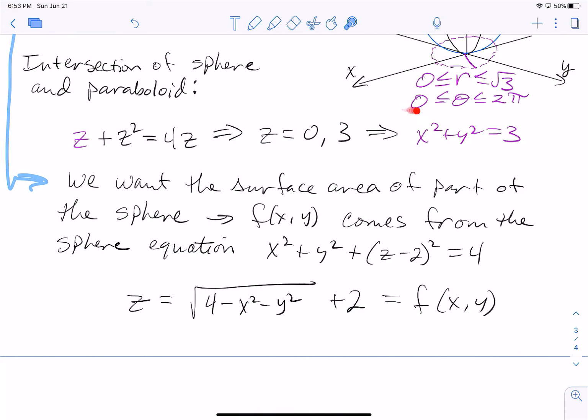Now we have our limits of integration in terms of r and theta. We have f of x, y. That'll need to be in terms of r and theta. We have a formula for the surface area as a double integral. I'd like for you to see if you can make sense of all of it, figure out the area, and come back when you're done. Go ahead and give this a pause.